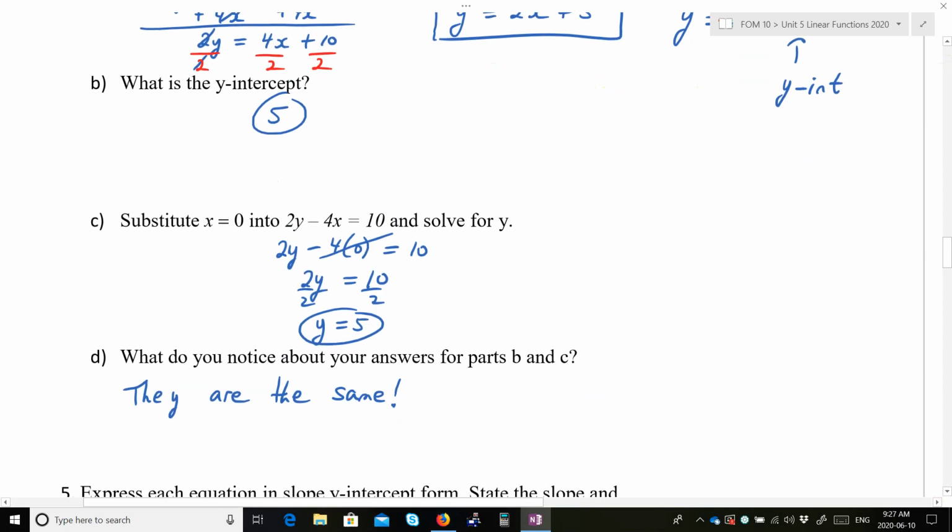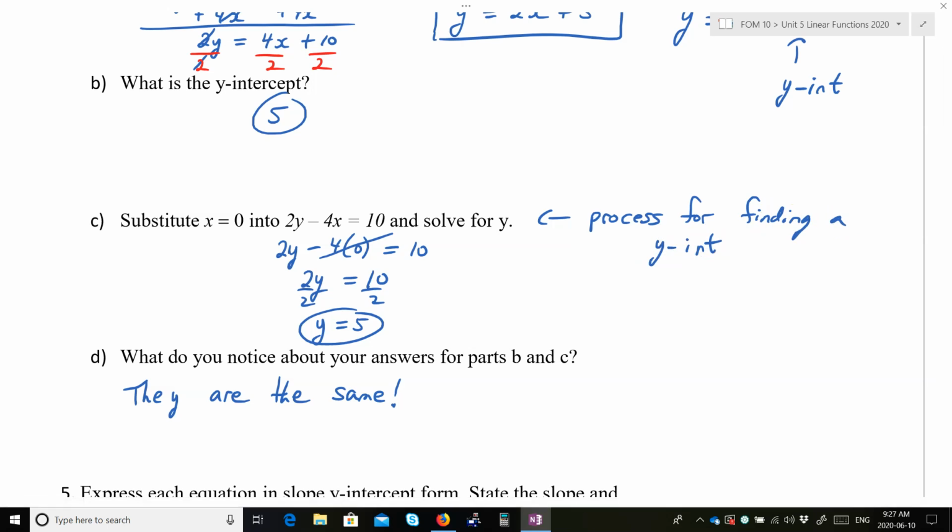And in part C, that's the process that you follow to find a y-intercept. You substitute x equals 0 into an equation to get the y-intercept. So this is the process for finding a y-intercept from an equation. Okay, you let x equal 0.